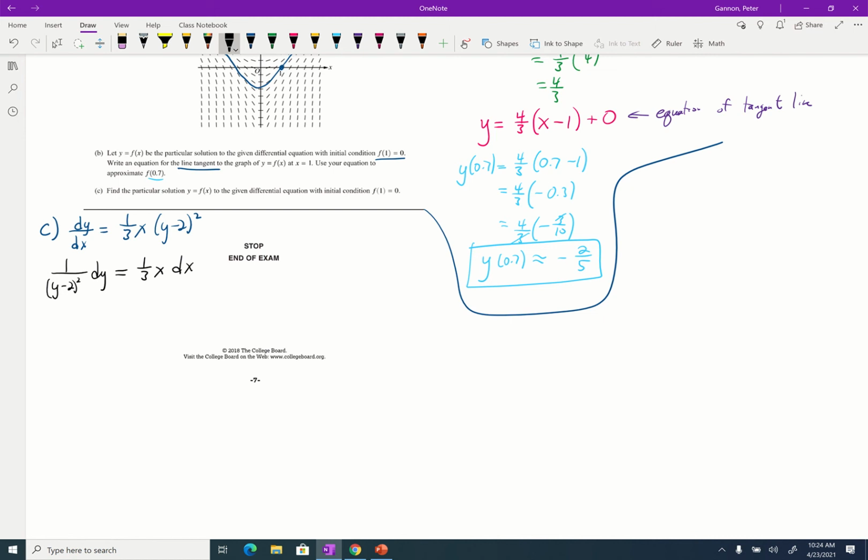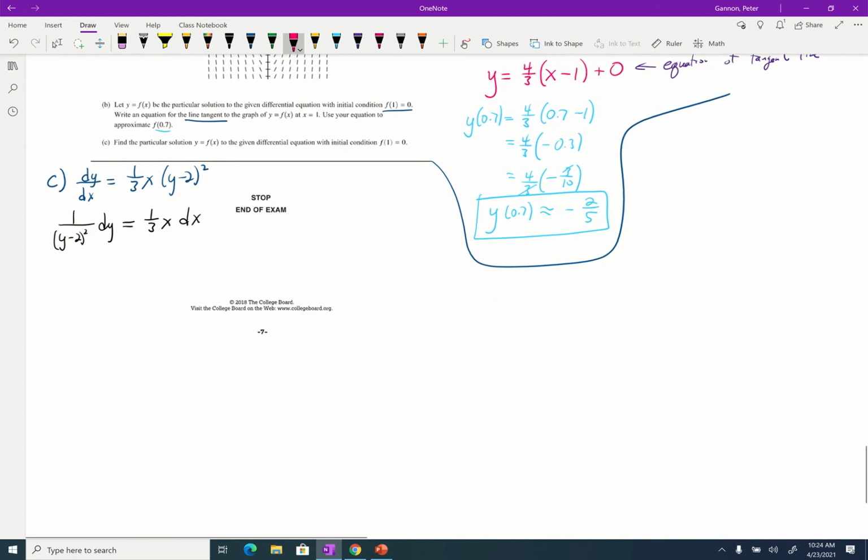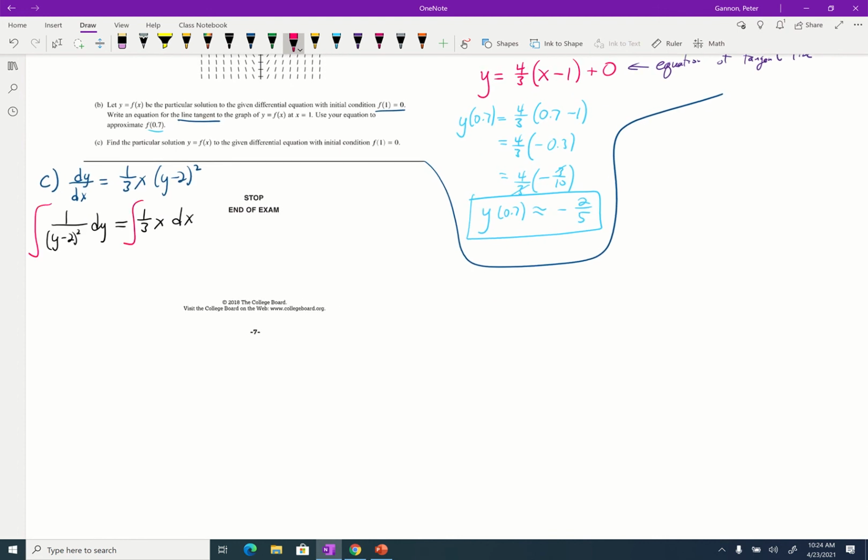From there, we are going to integrate. We need to integrate both sides of this function. Now let's focus over here real quick. I'm just going to rewrite this as (y minus 2) to the negative second dy. And then I'm just going to leave this as 1/3 x dx for a second.